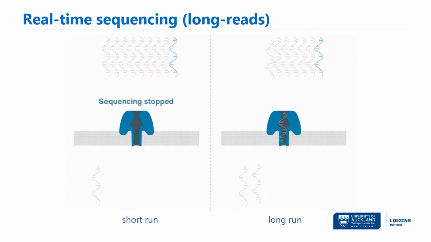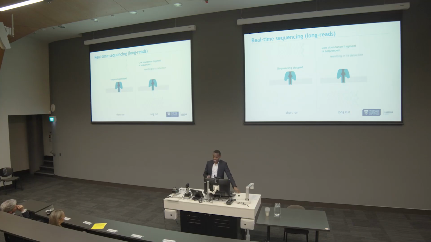One of the major advantages of this technology is that this is real-time sequencing, as I mentioned. That means you can run sequencing within a very short time, let's say 2 hours, 3 hours, and I'll show you the advantage of that. That is when the clinicians need very rapid genetic information for the critically ill children.